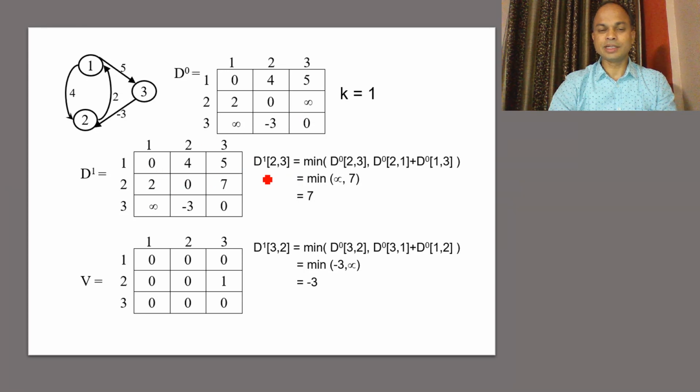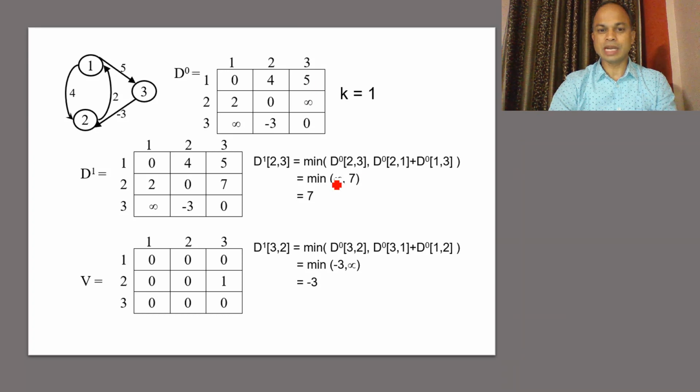To compute D1, our formula is, for example, for the distance from node 2 to node 3: minimum of D0(2,3) and D0(2,1) plus D0(1,3). D0(2,3) is infinity. D0(2,1) is 2, and D0(1,3) is 5.